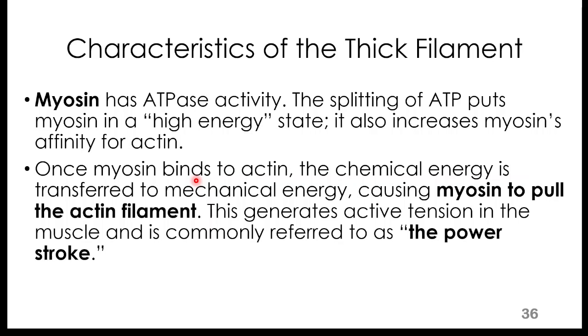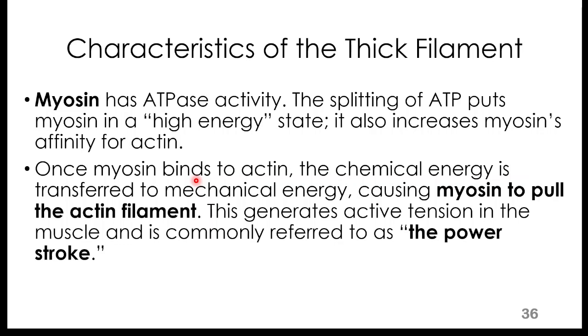Then the second is that ATP will bind to myosin, and it will then be split by ATPase, all right, to release energy, and this energy will put myosin in a high energy state and also increase the affinity of myosin for actin. So subsequently, the myosin heads will bind to actin, which, remember what we said calcium will lead to. All right, it will lead to exposure of the sites on actin to which the myosin head will bind.